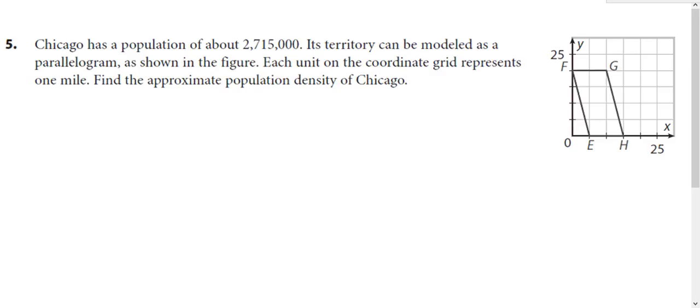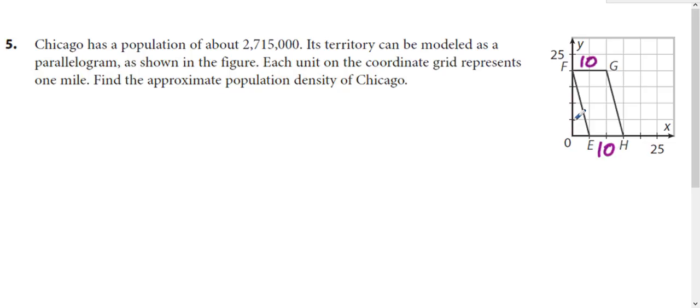Find the population density of Chicago, which is approximately a parallelogram. Each unit represents 1 mile. So this is counting by fives. So that has a base of 10. This is a base of 10.